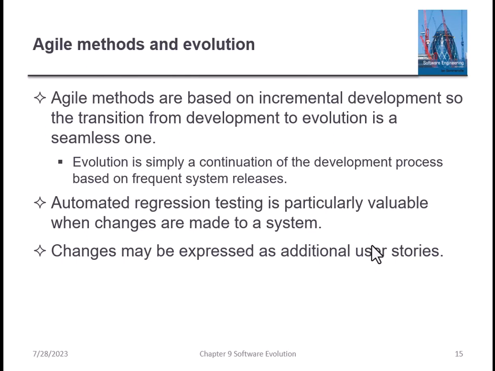So for regression testing, interdependencies should be considered. So automated regression testing is particularly valuable when changes are made to the system. If you bring a change, you have to do the unit test, then functional and system tests and regression tests.